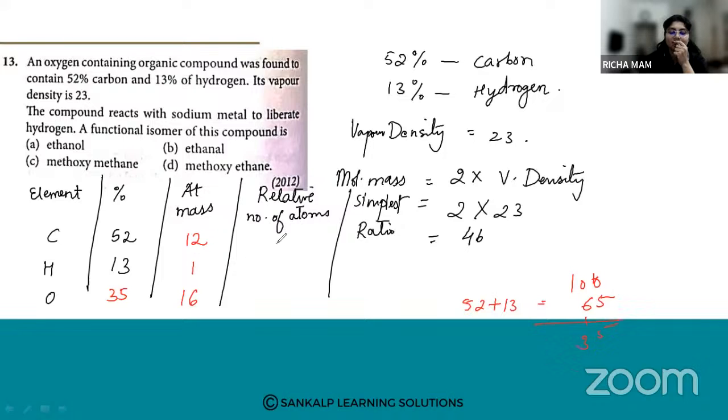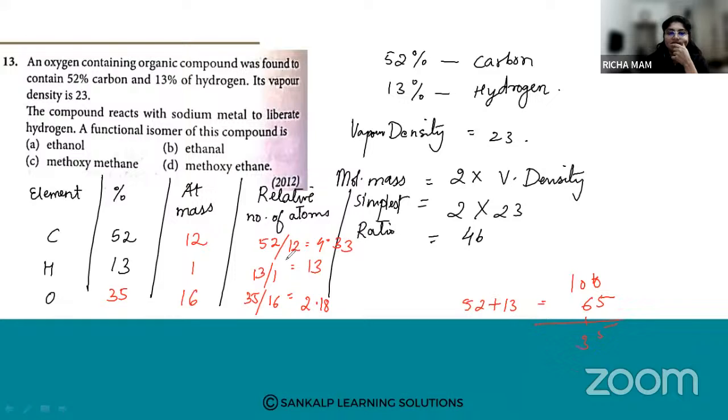Now the relative number can be calculated: 52 by 12, 13 by 1 and 35 by 16. 35 by 16 will be 2.18, 52 by 12 will be 4.33, and 13 by 1 is 13. So 4.33, 13 and 2.18.